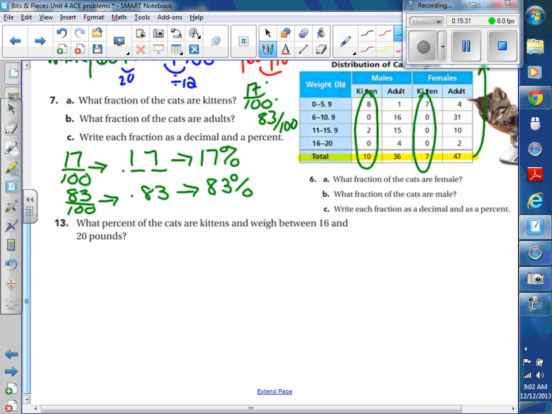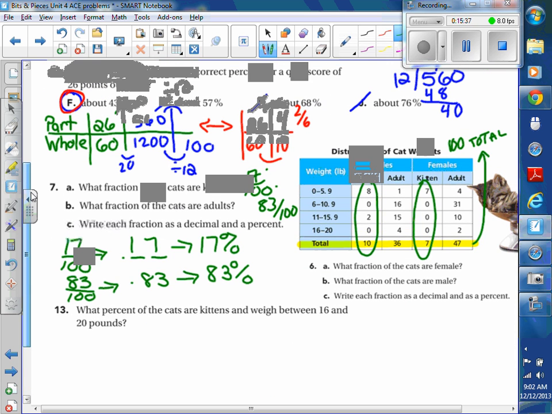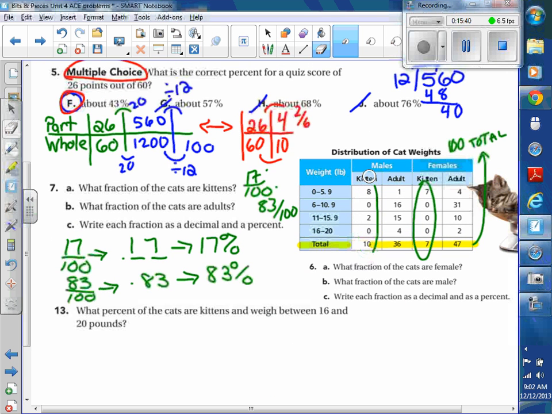What percent of the cats are kittens and weigh between 16 and 20 pounds? So, let's see, who haven't I heard from yet? We know there's 100 cats. We're looking at kittens. What do we do, Jamal? Well, it's 0%. So we're looking for the kittens, so we're only looking at this column, right?